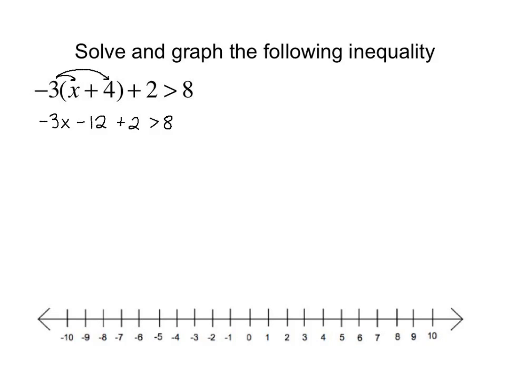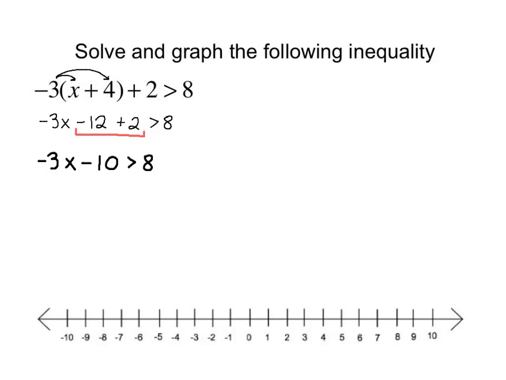And if we zoom right in, I notice that the negative 12 and the 2, these are both constant terms that can be combined. And in fact, we can combine these into a negative 3x, but then negative 12 and the 2 combine to negative 10 greater than 8. So these first two steps, all I did was distribute and then combine like terms.